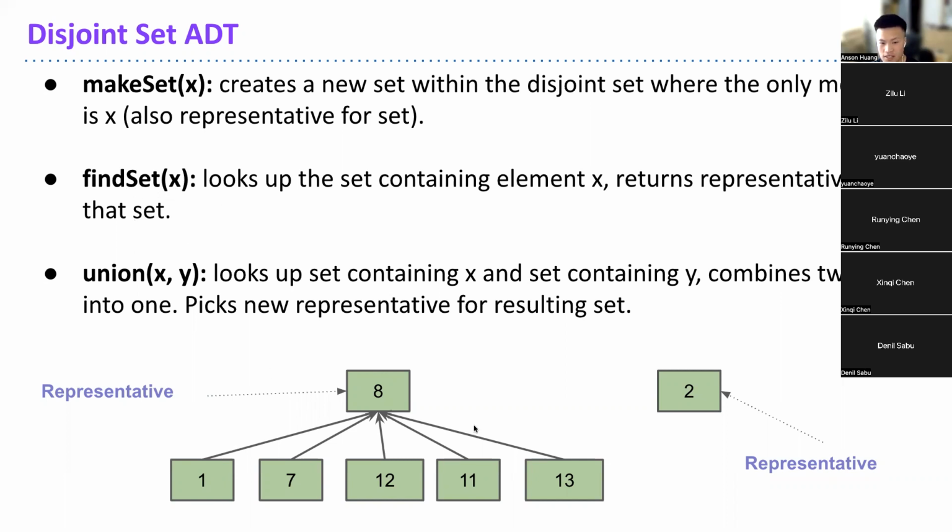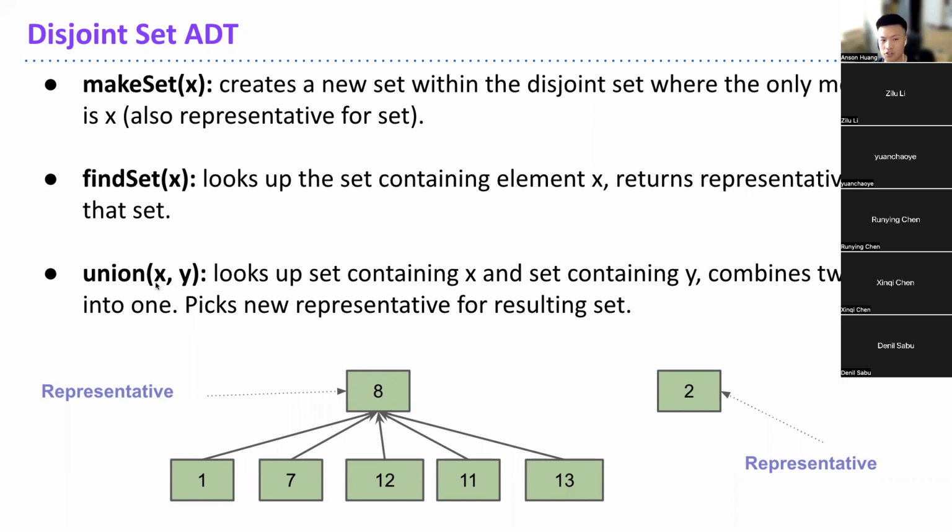So find set is going to bring you into this disjoint set over here to the left. And then it finds 12 right here, right in the middle. It goes all the way up to the very top level. And it just so happens that the top level is the direct parent, which is 8. And since 8 is at the topmost level, the representative that's returned is going to be 8.